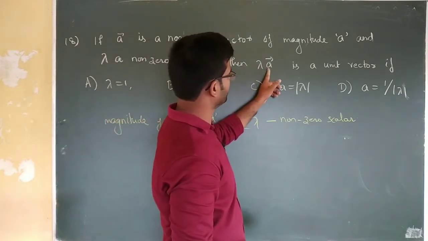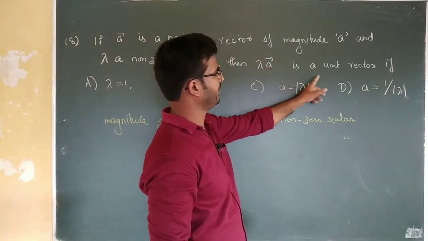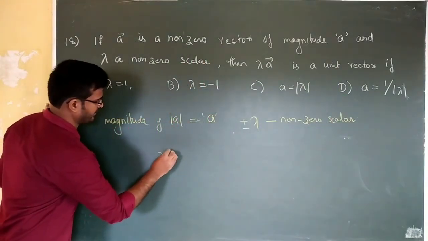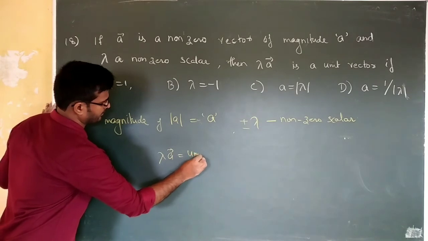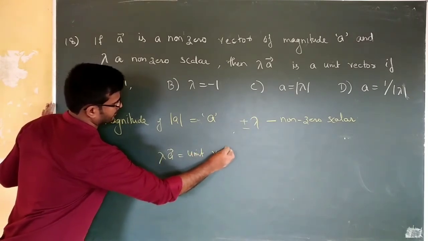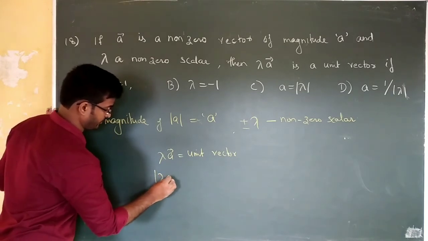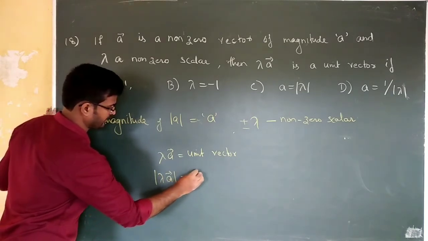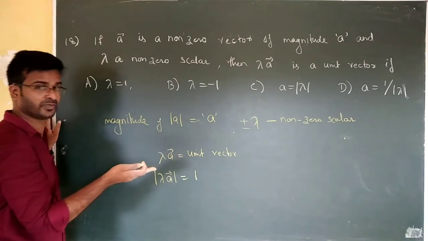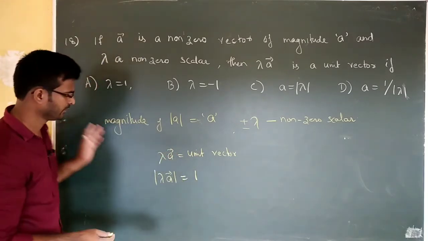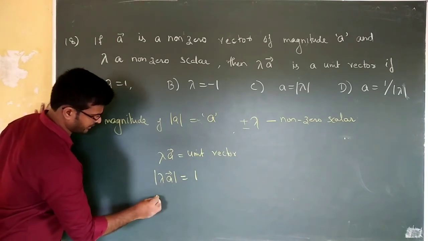Then lambda into A vector is a unit vector. If you take the magnitude of lambda A vector, you will get the answer 1, because it is a unit vector, already given. Magnitude of a unit vector will be 1 unit. Then this scalar quantity we can keep outside.